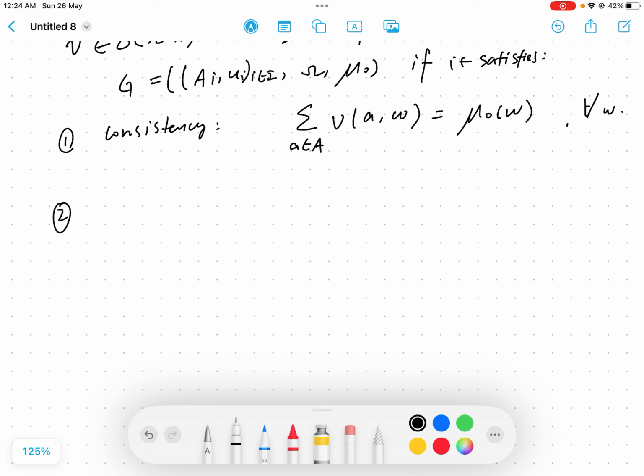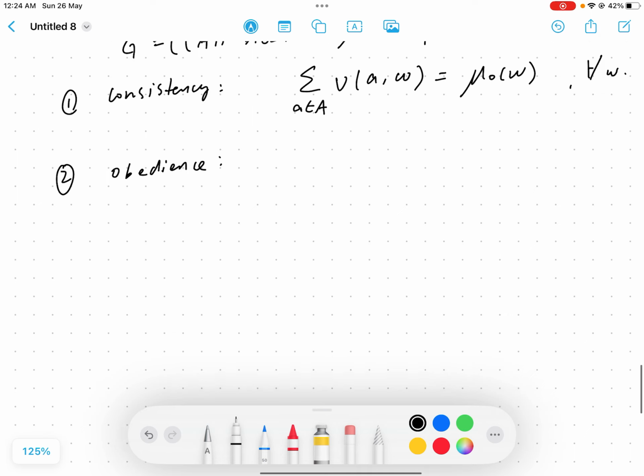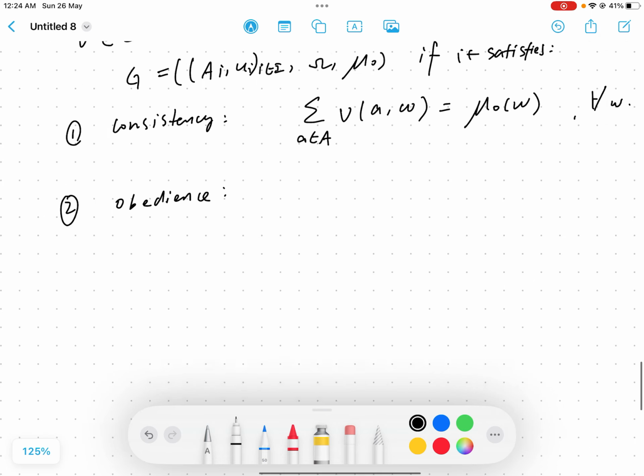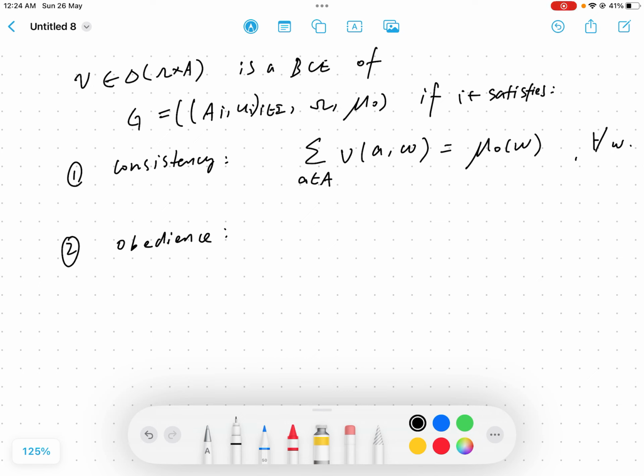And the second one is obedience, okay. This obedience is connected to the interpretation of this correlated, right? Correlation.